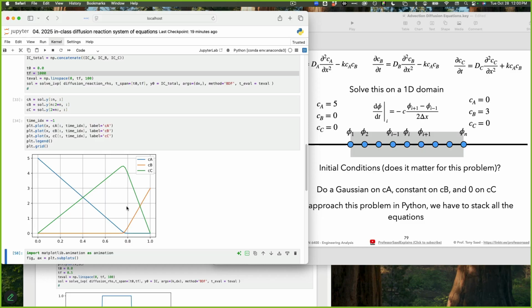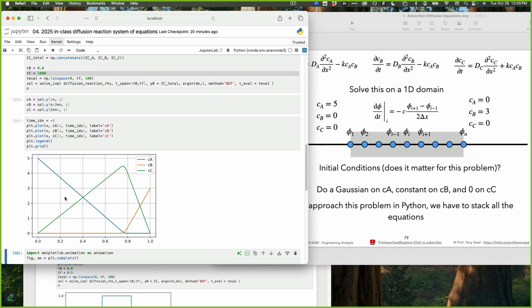It's a system of nonlinear equations. At steady state, you take out the time derivative, you do the discretization, but the source term is nonlinear because it's multiplying two concentrations. And then you can use root to do the steady state, and you can compare with this solution at long time, because at long times, that time derivative, hopefully, for the system is going to go to 0.